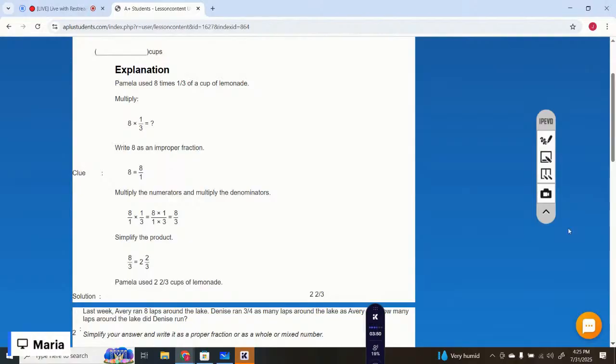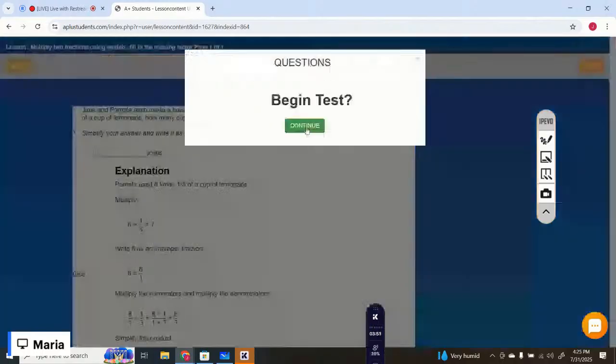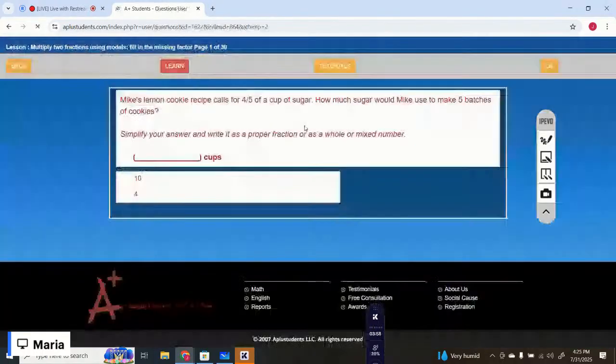Okay, let's just start with the test questions. Mike's lemon cookie recipe called for 4 by 5 of a cup of sugar. How much sugar would Mike use to make 5 batches?